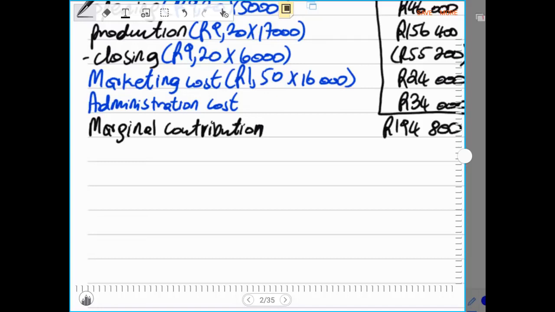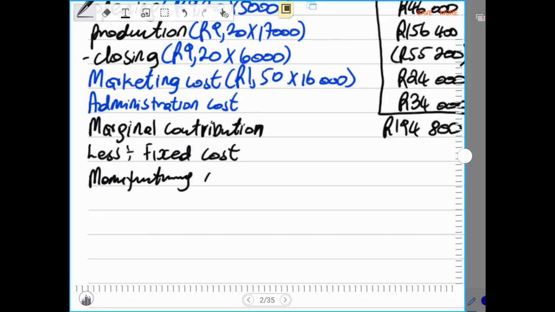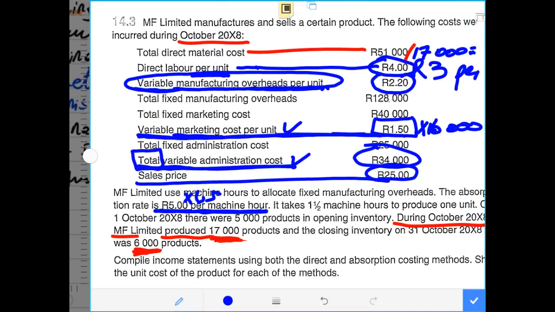Then after, we deduct our fixed cost. We know that our fixed cost will be made of the manufacturing fixed cost and all other fixed costs that we have.